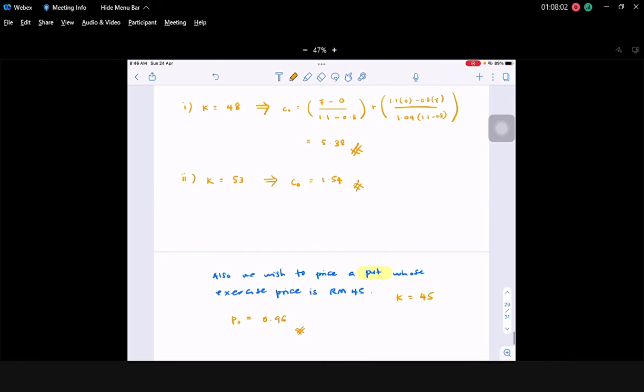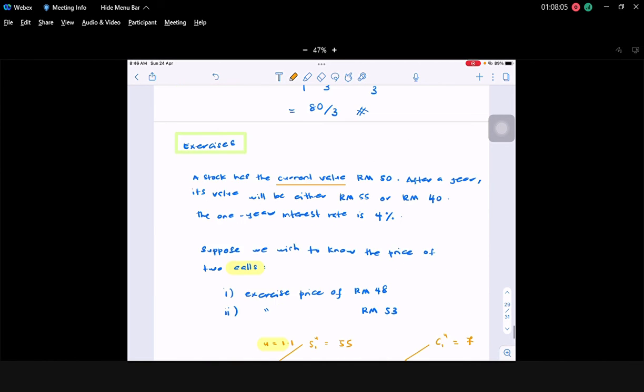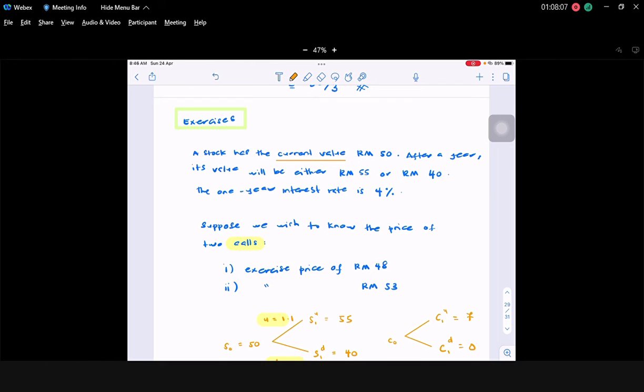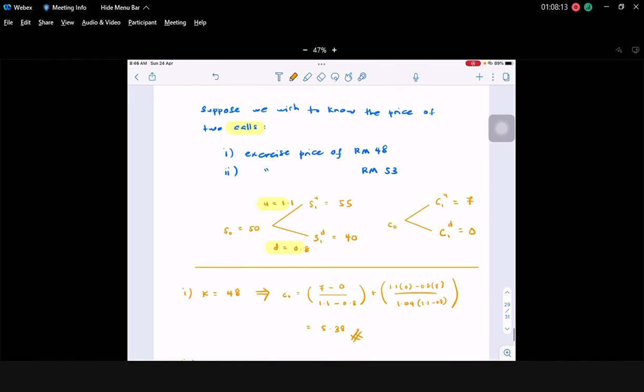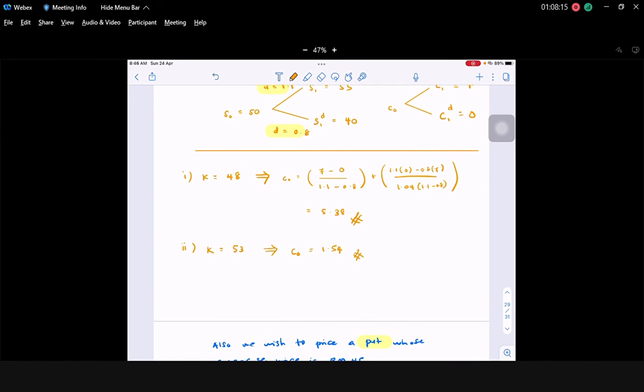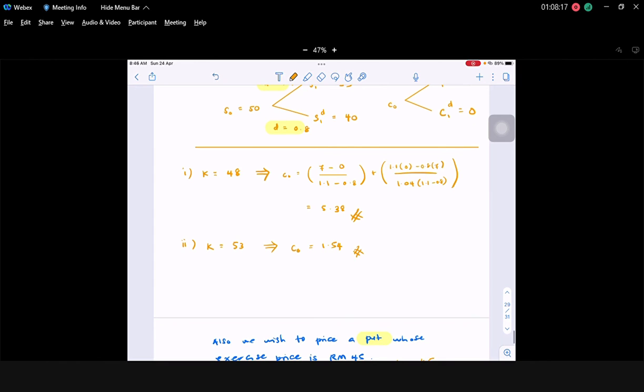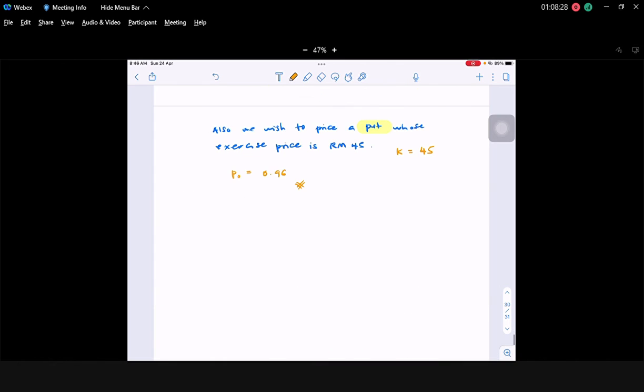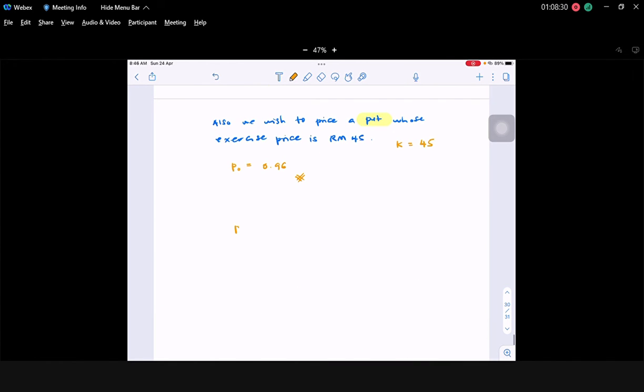Okay, so ni soalan based on soalan tadi. So kita punya current value, okay, so still 50. And okay, so kita punya S1U 55, S1D 40. Dan awak boleh tentukan payoff untuk put option ini.